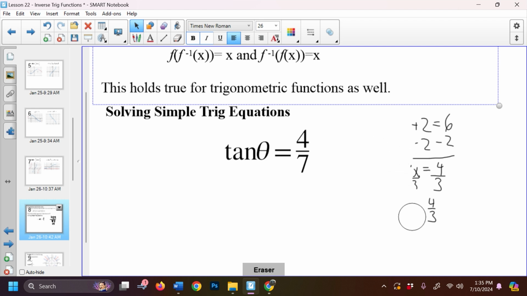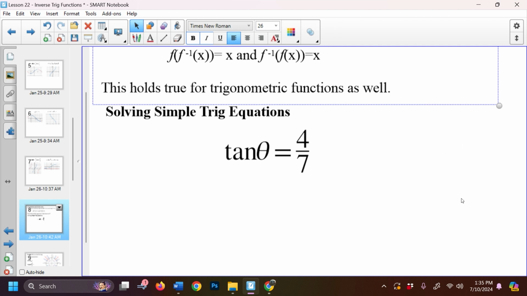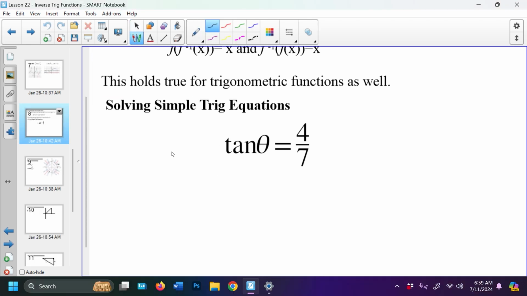Now, trig functions are the same, but you have to remember that the tangent of theta is not tangent times theta. Tangent is its own operation. Multiplication is an operation. Tangent is an operation. They're different. Since they're different, they need different inverses. So here's what we're going to do. We are going to take the inverse tangent or the arc tangent, they're the same, of both sides.